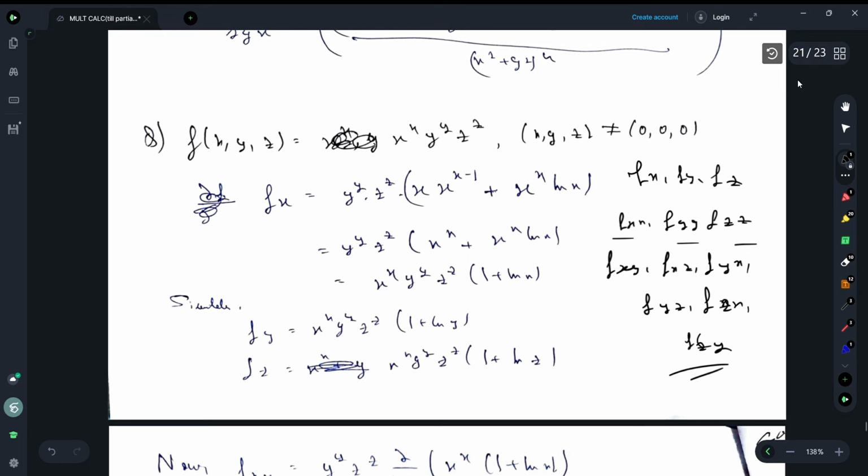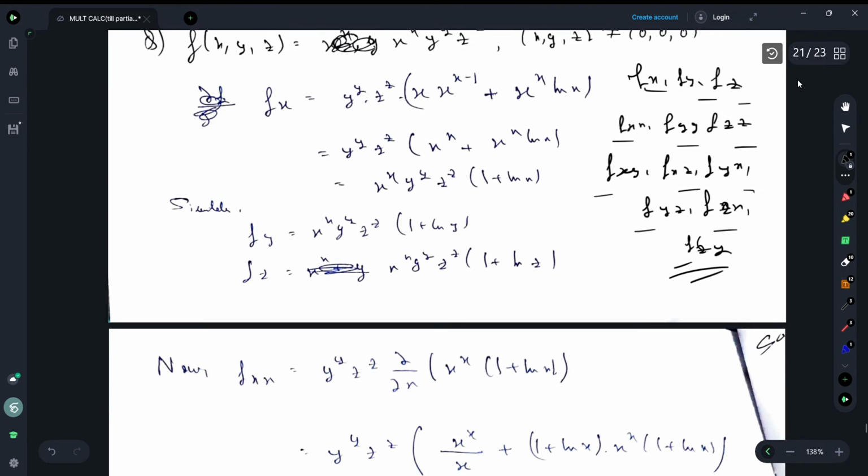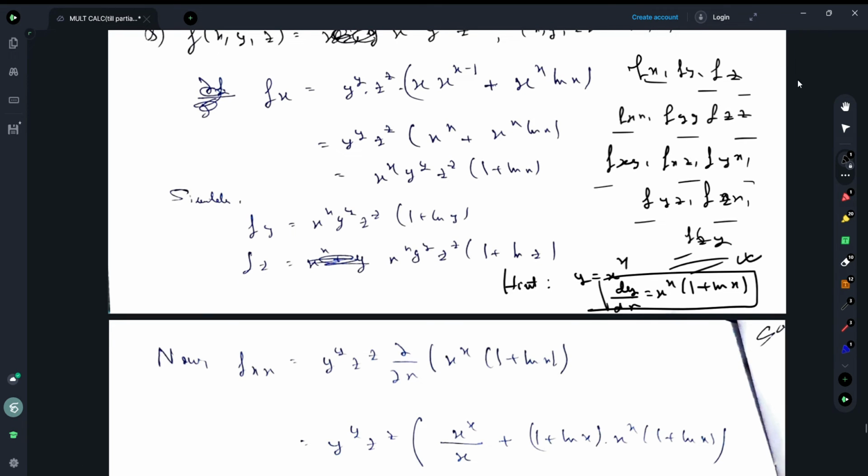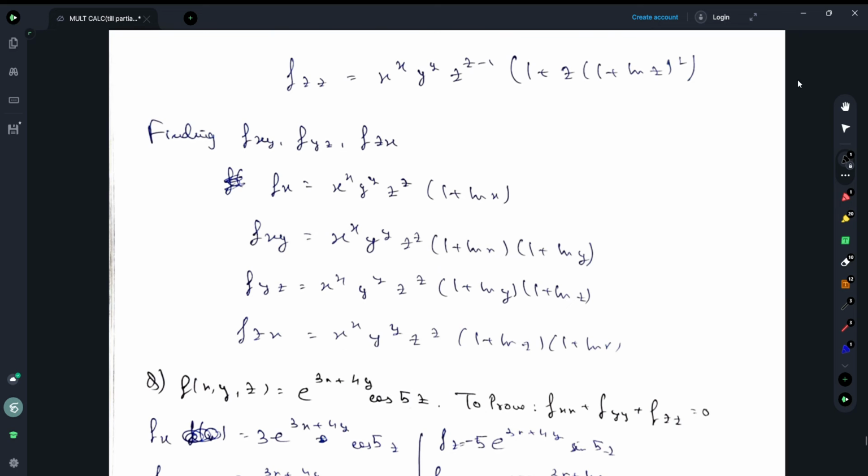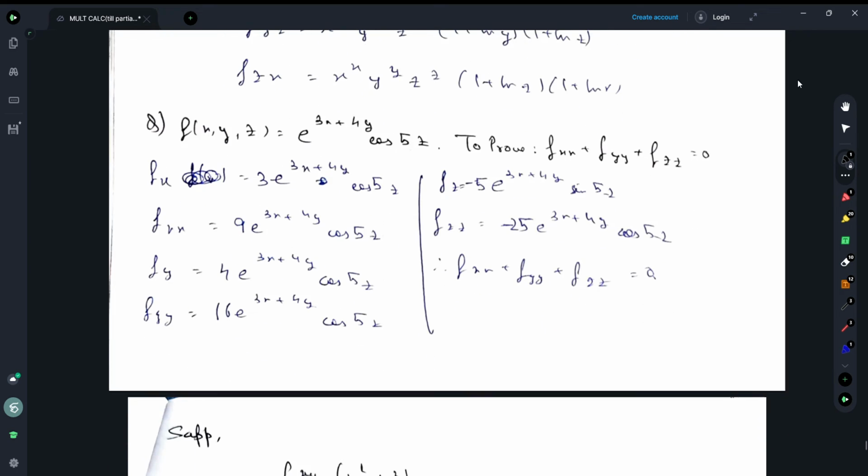All these derivatives you need to find. Okay. To solve this particular problem, I'm just giving you a simple hint and you can do the rest of the problem yourself. The hint is, if you are given a function y equals x to the power x, then dy over dx is given as x to the power x into (1 plus ln x). Okay. You can use this particular concept to solve this problem. You can do it on your own. You can check all the derivatives possible.